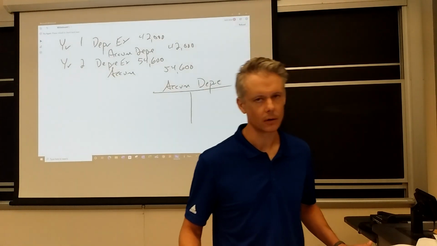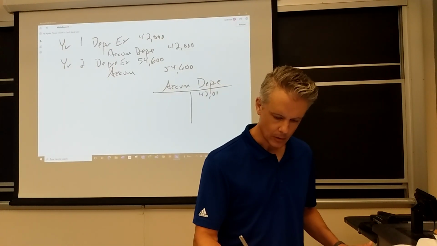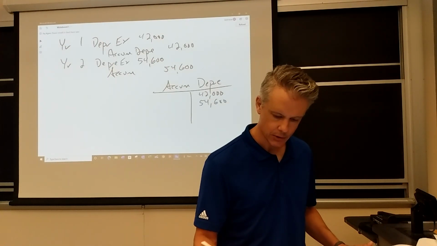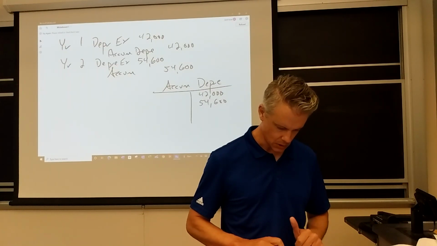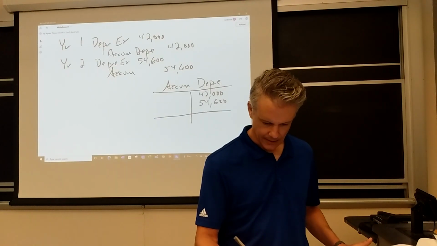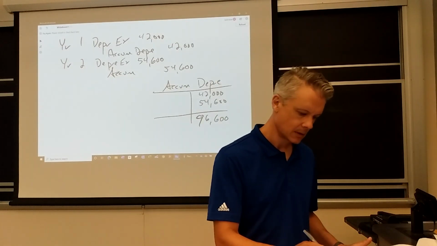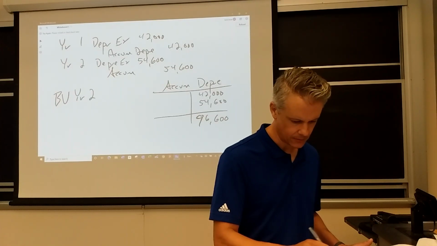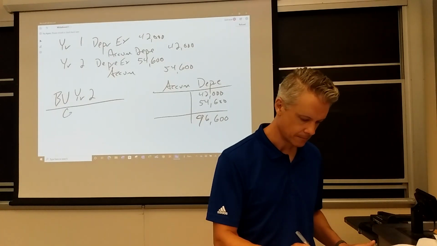Over those 2 years, or really 18 months, the total depreciation that we recorded under double declining balance comes to $96,600. So book value at the end of year 2 would look like this in the balance sheet.